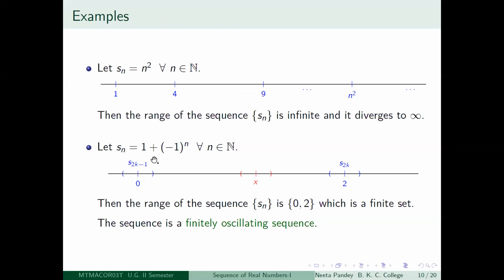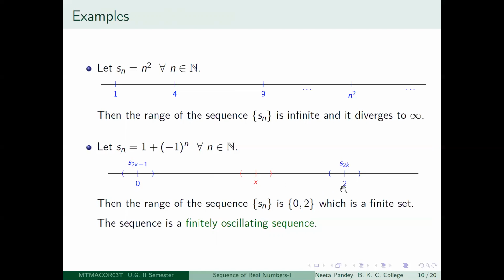Sn equal to 1 plus minus 1 to the power n for all positive integers little n. So what is happening here, you notice, what is S1? S1 is 1 plus minus 1. So that is 0, right? So that is plotted here. What is S2? S2 is 1 plus minus 1 whole square. So that is 1 plus 1.